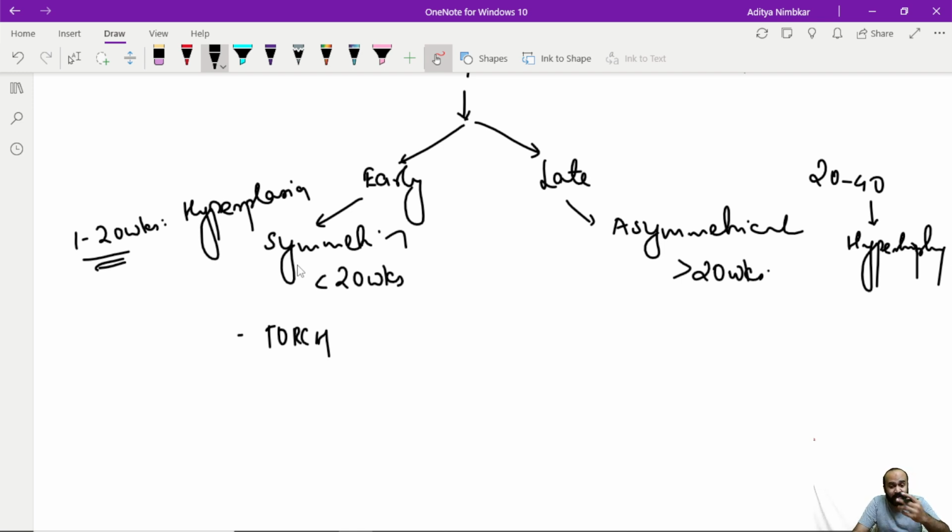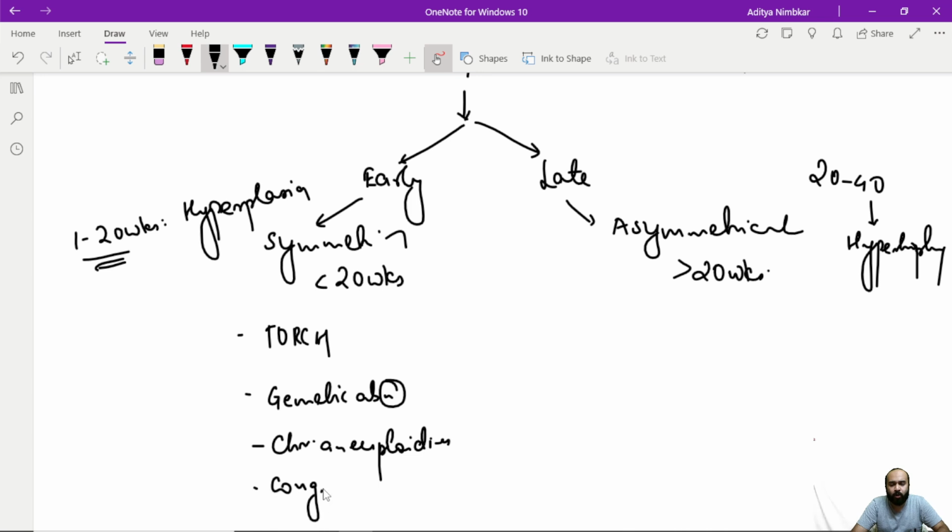The reason this can happen is first of all torch infections, then genetic abnormalities, and by genetic abnormalities I intend to say genetic mutations or even chromosomal aneuploidies like Edwards syndrome, Patau syndrome, Down syndrome. Any of these, Turner syndrome, anything. You can also have congenital abnormalities.